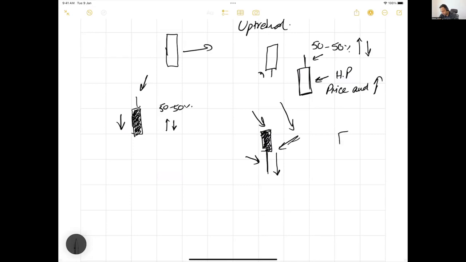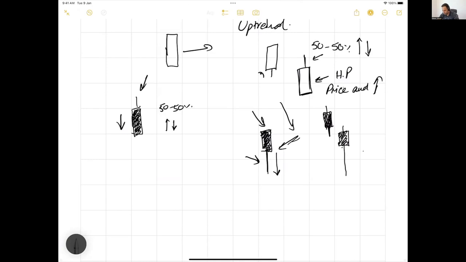So let's say you're looking at a bearish candle and it closes with a smaller body like this, and you have a wick which is like this. We're trying to move down over here, and the candle closes like this.